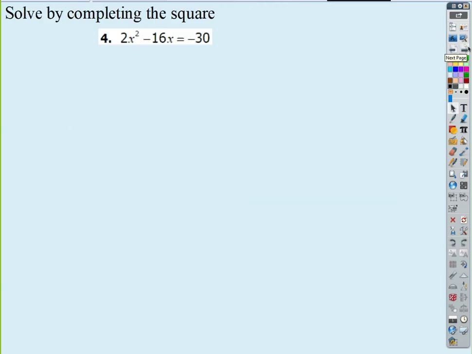So what about this one? Well, you see, it's already in, kind of, almost. What's the one thing I got to do? Divide by 2. Yeah, because I need x squared, not 2x squared, right? So this is one where I could divide each side through by 2.